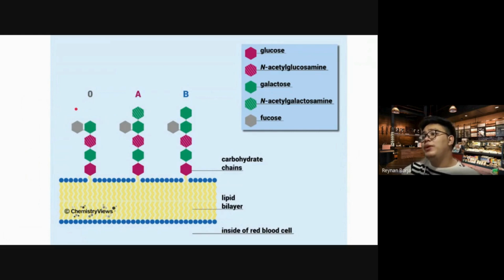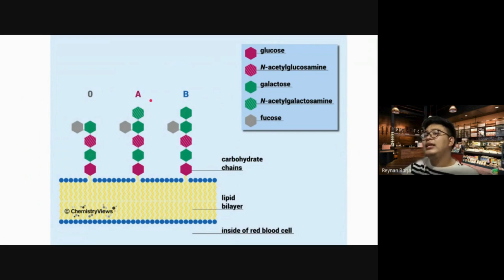Okay? Siyempre, si AB, both meron siyang antigen. Meron siyang N-acetyl-D-galactosamine and your D-galactose. So, hindi ko na nilagay, wala na dito si AB, blood group AB. Kasi nga, both siya meron nito. Okay? Nagets na po. I think nagets naman. Ang tandaan nyo lang is sa blood group A, N-acetyl-D-galactosamine.